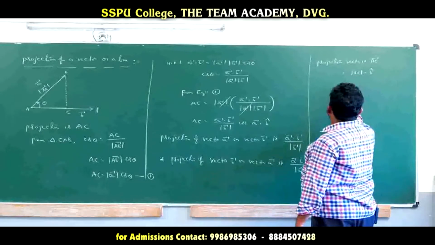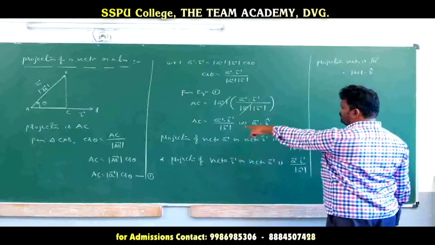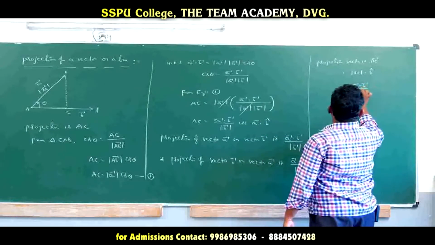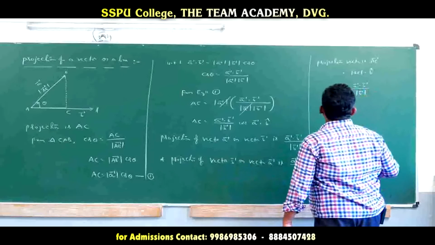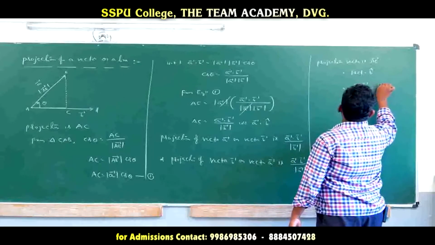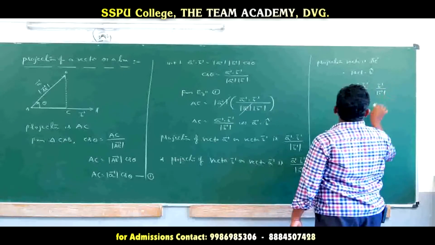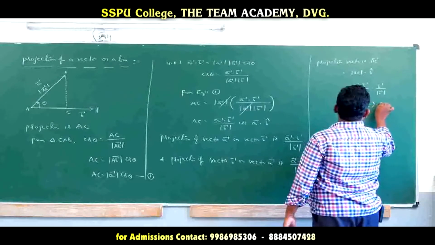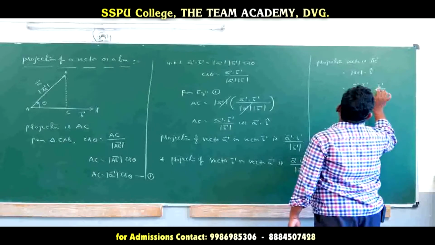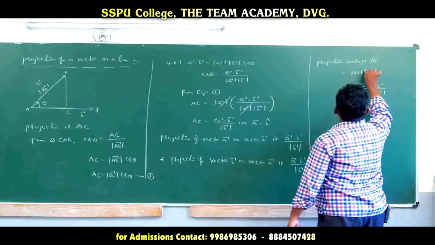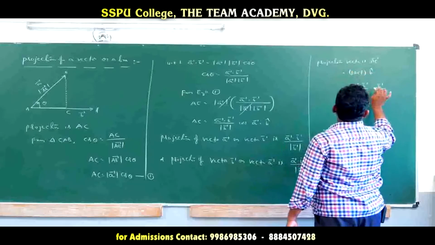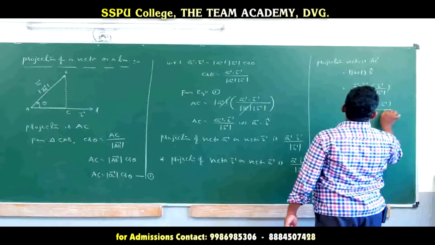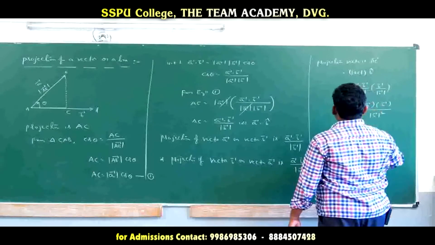That is equal to the magnitude of AC, which we already found: A bar dot B bar by magnitude of B bar, times B bar by magnitude of B bar. So finally we get A bar dot B bar times B bar by magnitude of B bar squared.